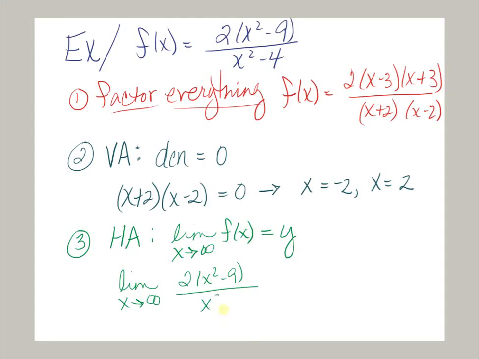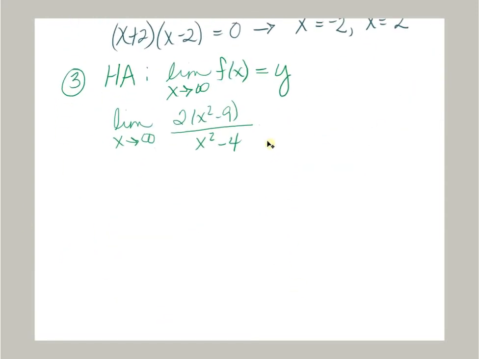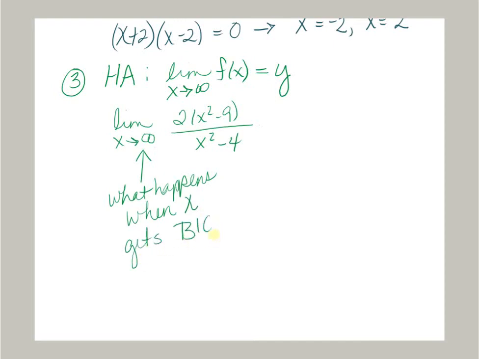With this kind of work, a limit at infinity asks us this question: what happens when x gets big? As in really big, as in big, big, huge, millions and trillions big, massive. Because what we're doing is we're headed towards infinity.